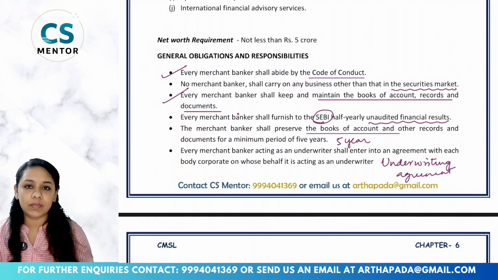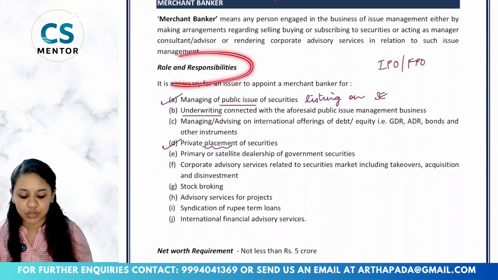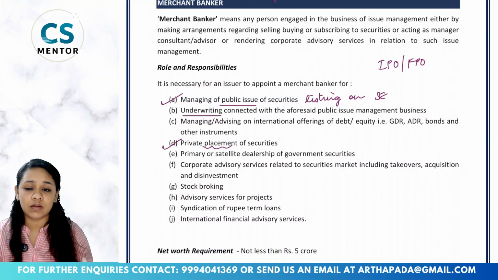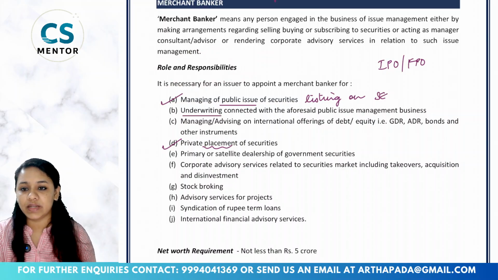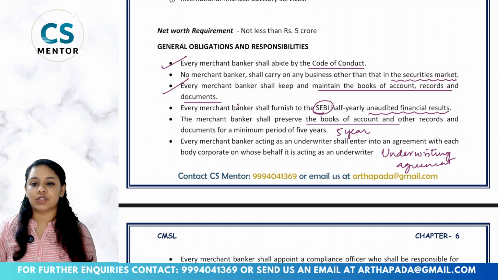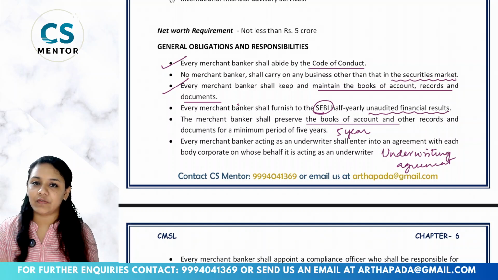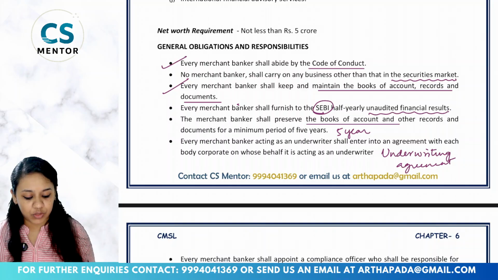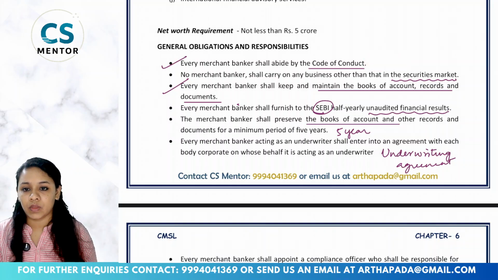Then I will only be looking at the conditions or the roles and responsibilities or the eligibility criteria for each individual intermediary. So, general obligations and responsibilities: first and foremost, every intermediary will have to follow something known as a code of conduct. Everyone.